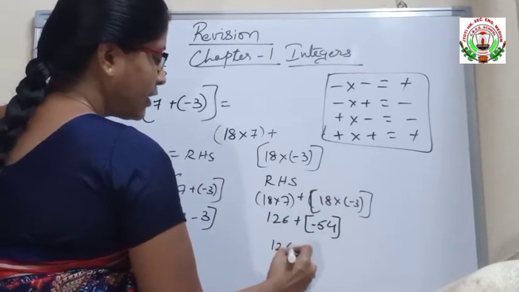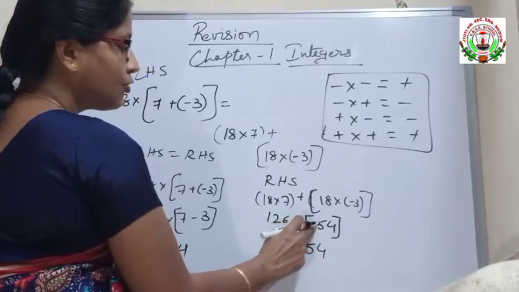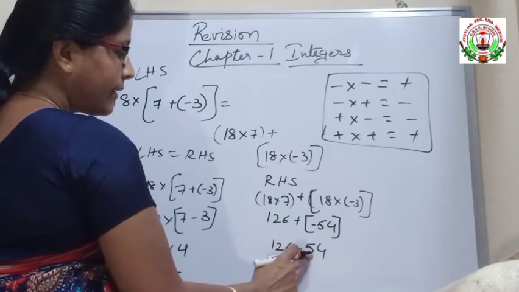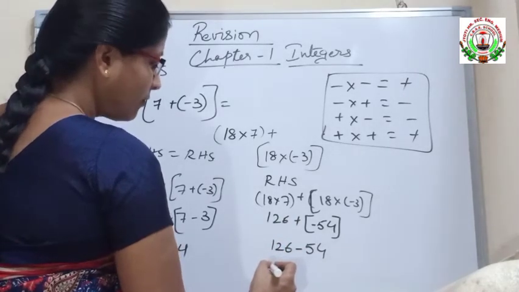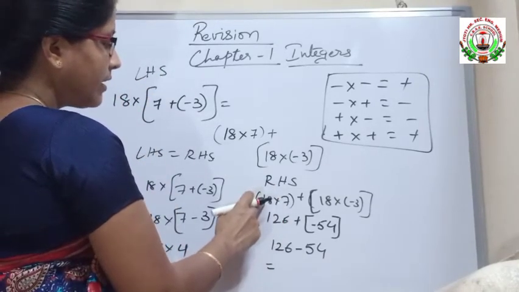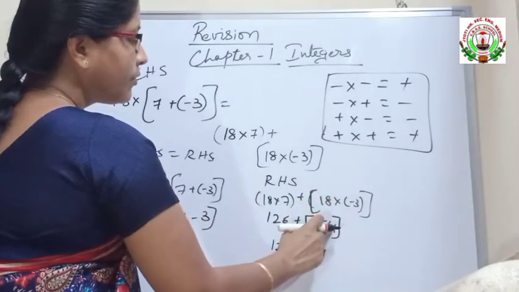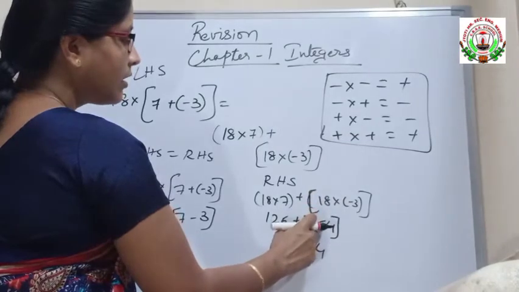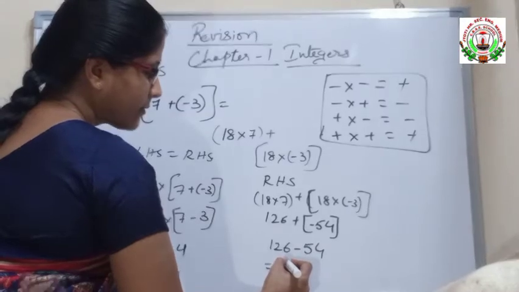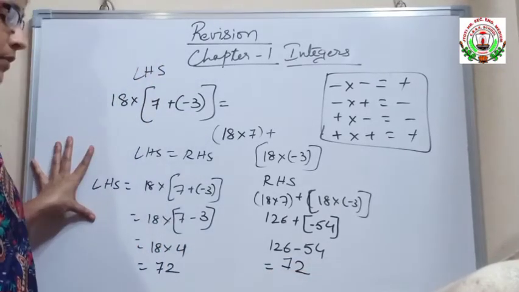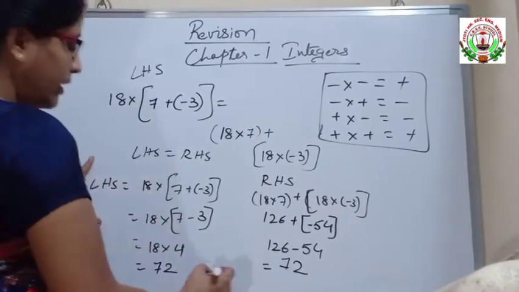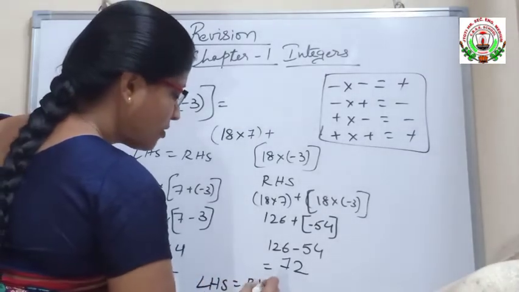So 126 minus 54, since plus into minus is minus, when I open the bracket. 126 minus 54 is 72. So LHS is equal to RHS.